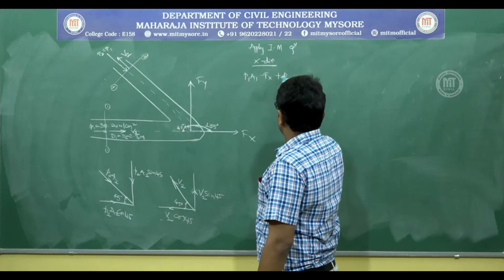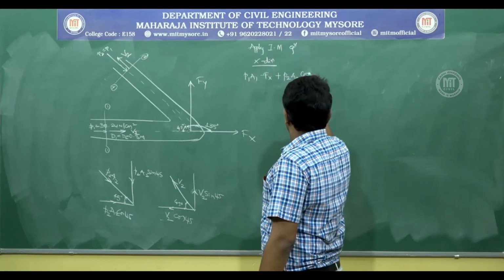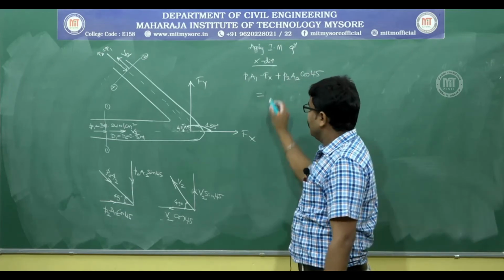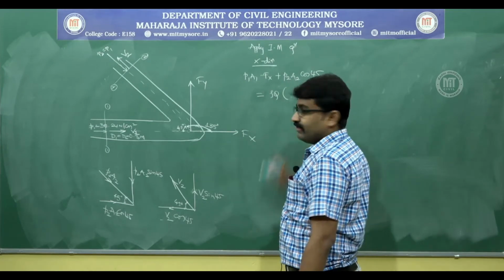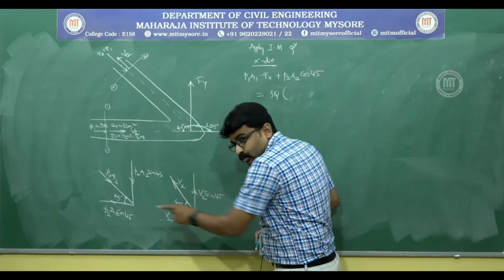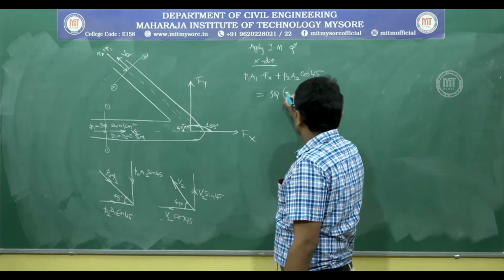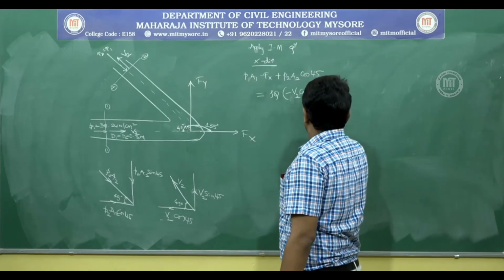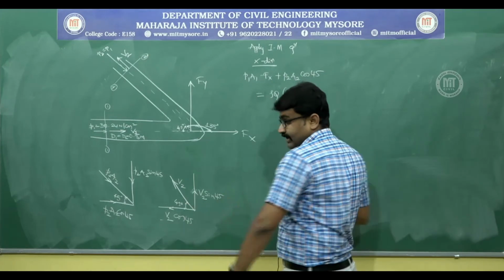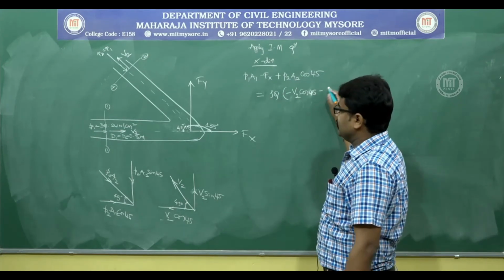So, it is plus P2A2 cos 45. This must be equal to rho Q into final velocity in x direction, V2 cos theta in the negative x direction. So, minus V2 cos 45, because I have already written it, minus initial velocity in x direction.